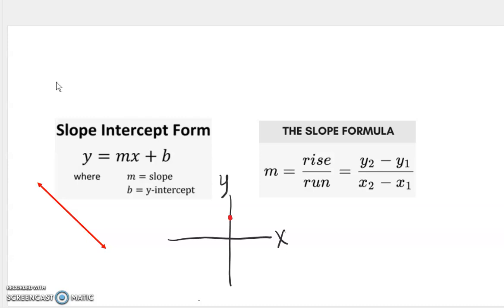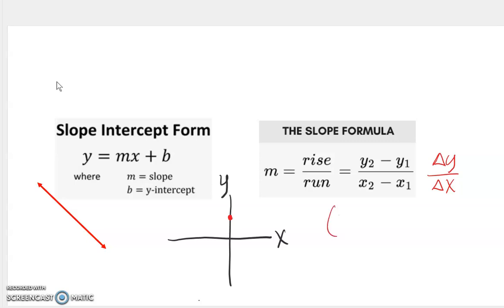Slope formula, we did this in the other video. The slope formula just tells you that m is going to be rise over run. It is the change in y over the change in x. These represent subsets of y's and subsets of x's.